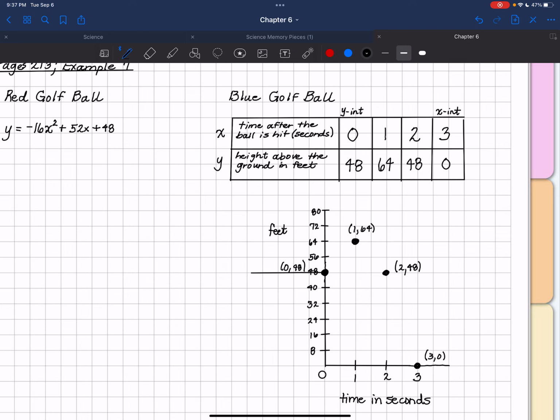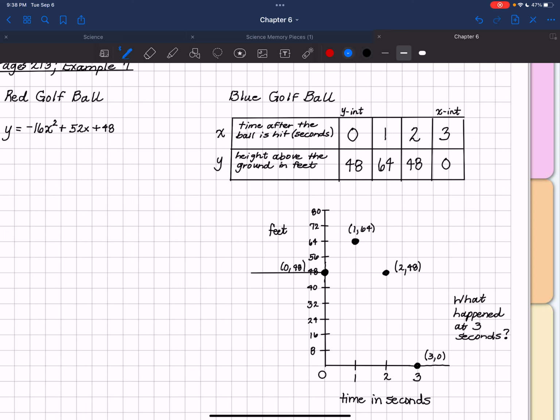So my question to you is this. What happened at 3 seconds? And this graph is going to tell us that.